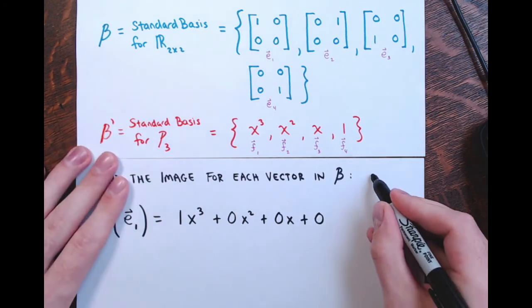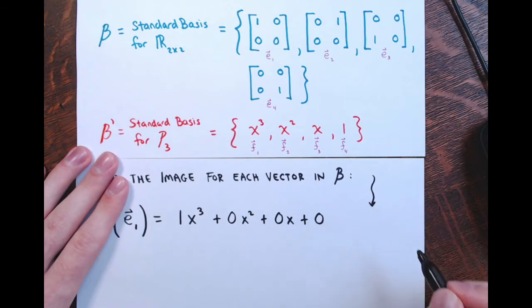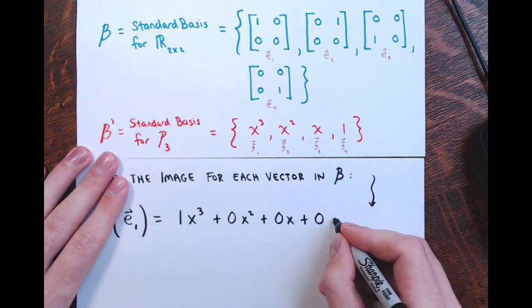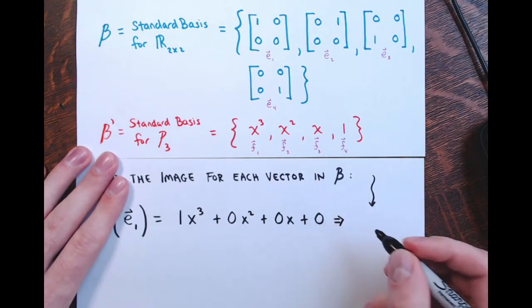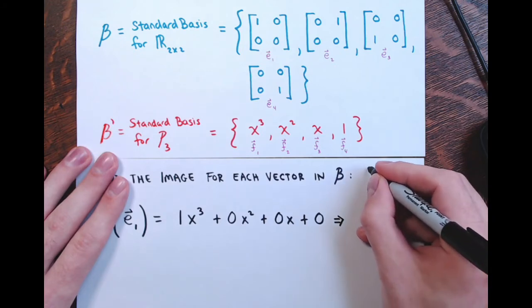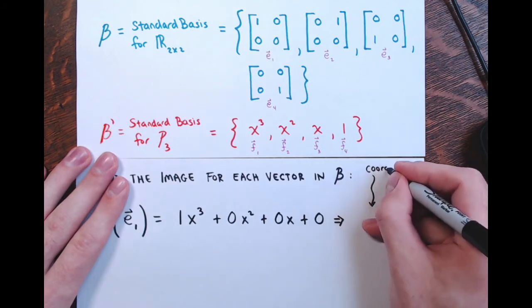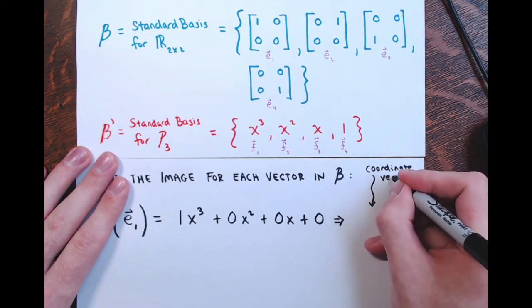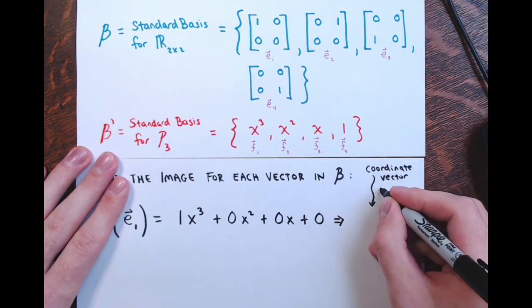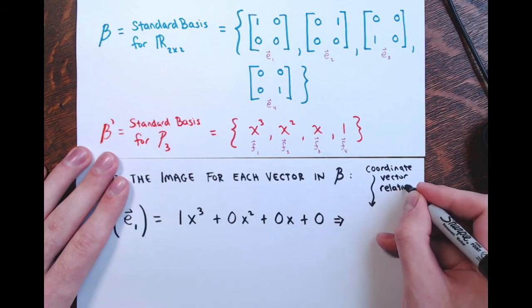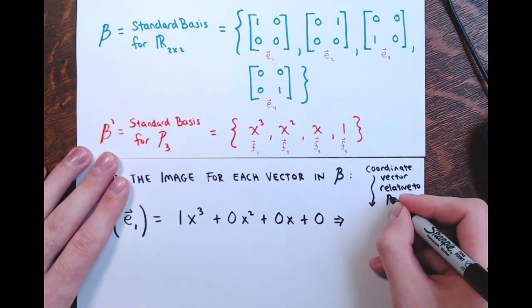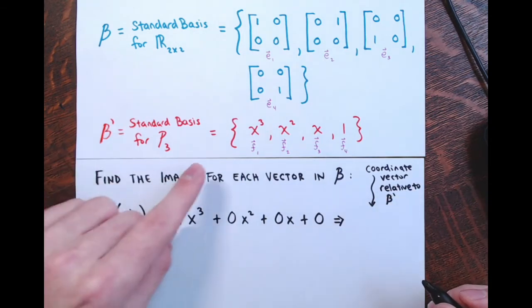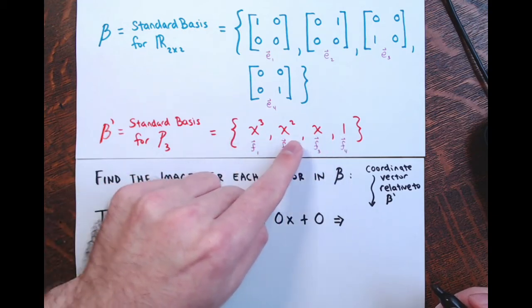And then what I'm doing over here is I'm going to write the coordinate vector relative to basis B prime, relative to this ordered basis that I put here.